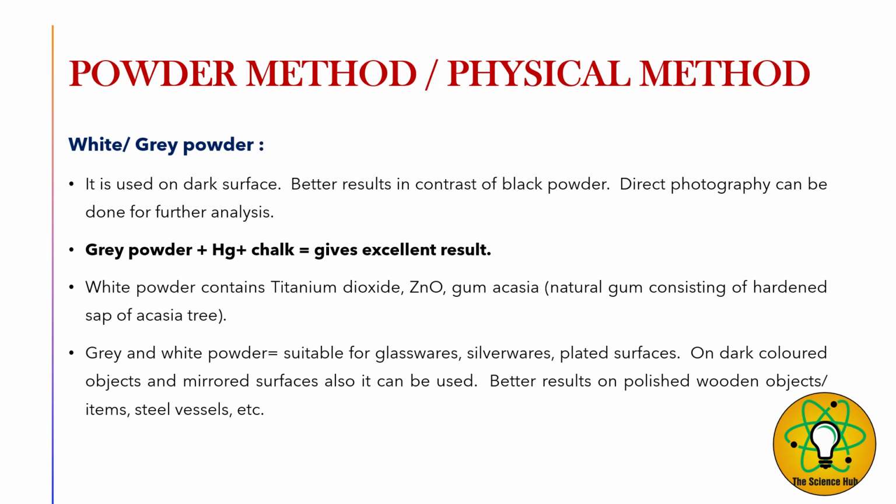White or the grey powder, it is used on dark surfaces, with better results in contrast to black powder. Direct photography can be done for the future analysis. Grey powder plus mercury plus chalk gives an excellent result for the development of fingerprint. White powder consists of titanium dioxide, zinc oxide, gum acacia.